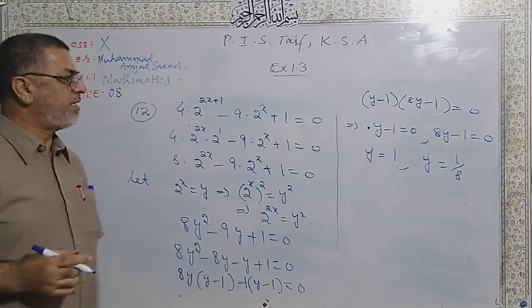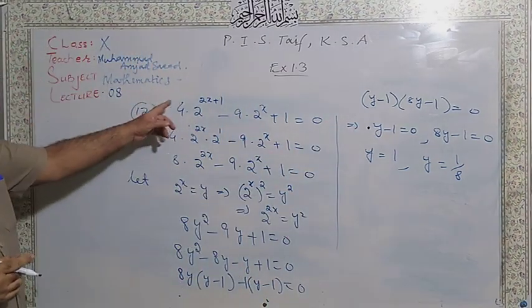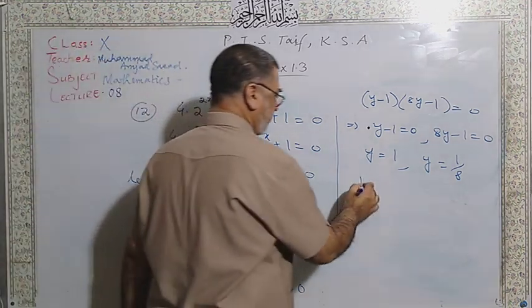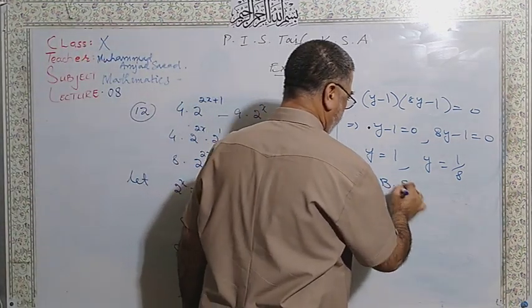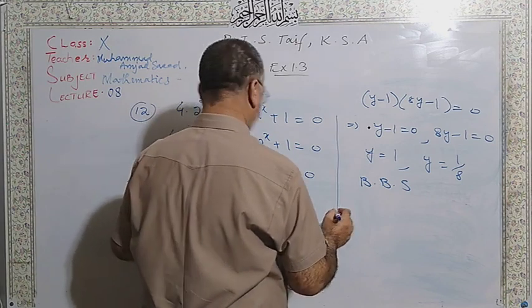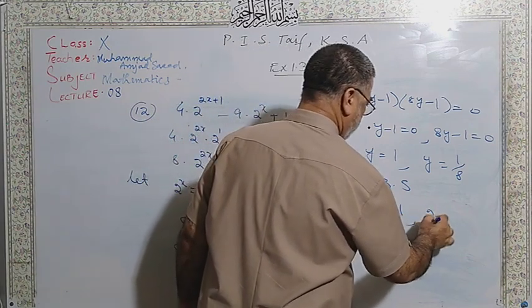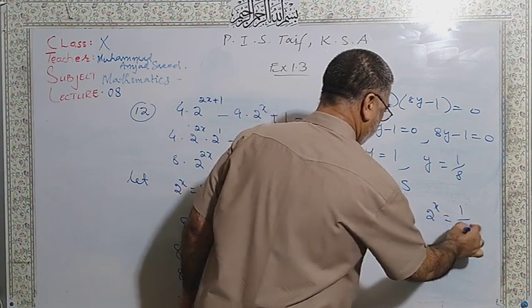You got your answer in terms of y, but the question was in variable x. So by backward substitution, you can check: y is 2 raised to power x is equal to 1, and 2 raised to power x is equal to 1 over 8.